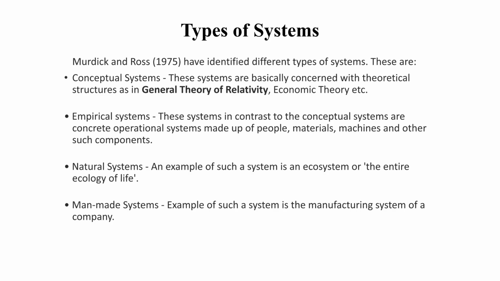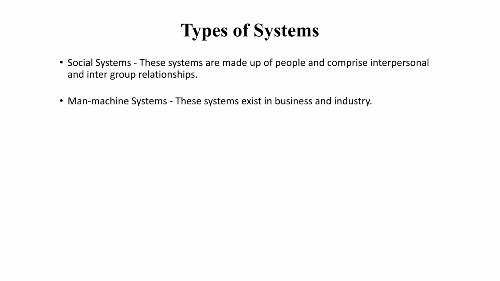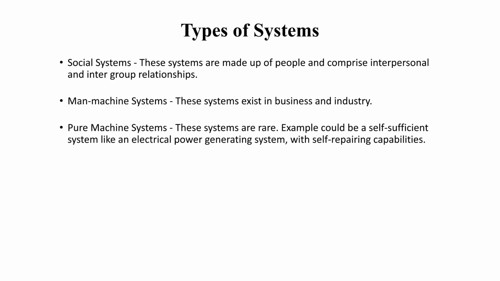The next system type may be social system. These social systems are made up of people and comprise interpersonal and intergroup relationships. Man-machine systems. These systems exist in business and industry when the man and machine are interdependent. Now, the next one is pure machine system.